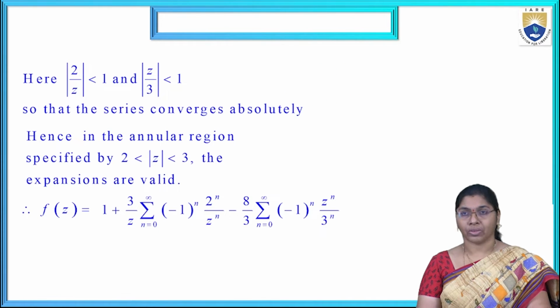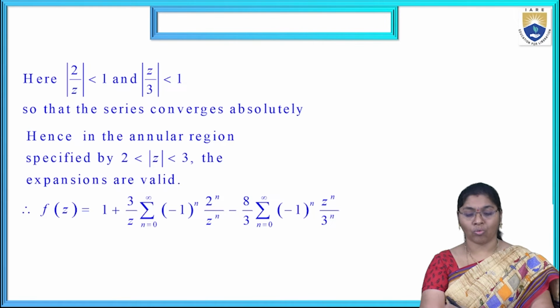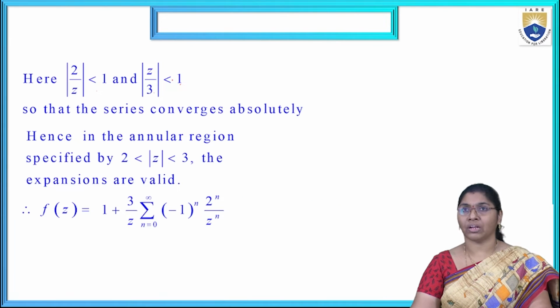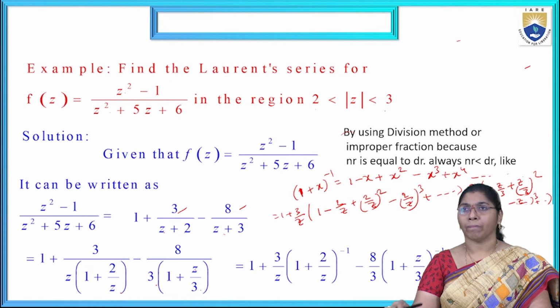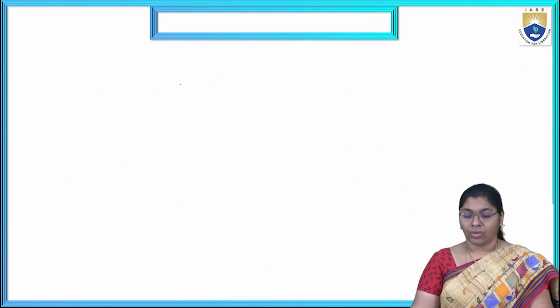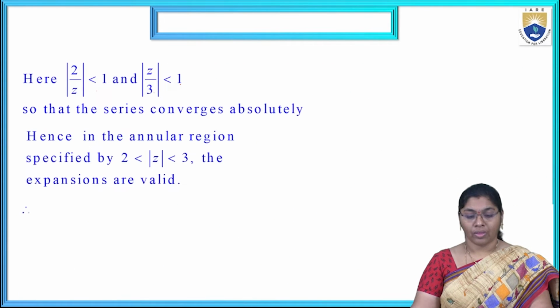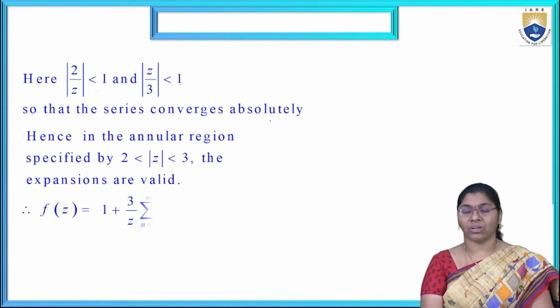Now the expansions can be written. Here I am writing 2 by z less than 1 and z by 3 less than 1, so that the series converges absolutely.